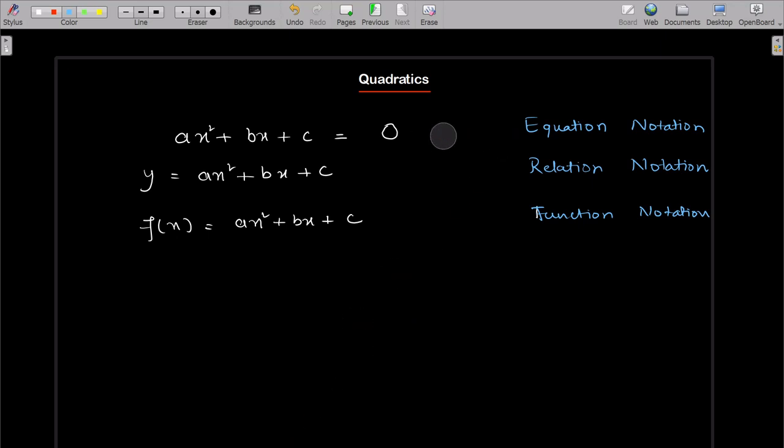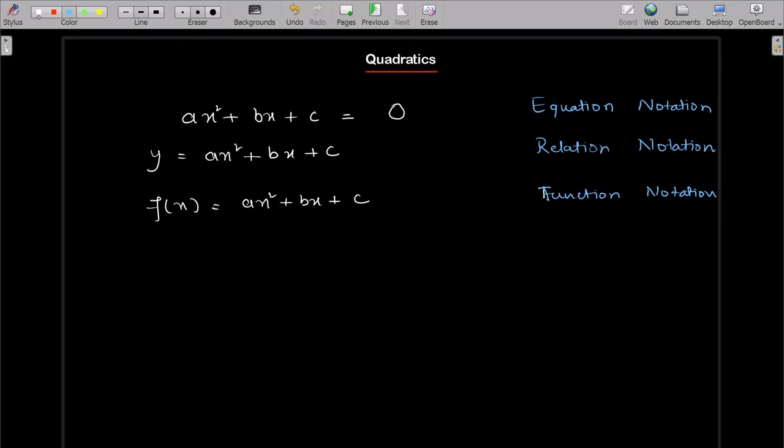Now there are 3 forms of a quadratic equation, Anishka. First one is ax squared plus bx plus c equal to 0. This is called the standard form.